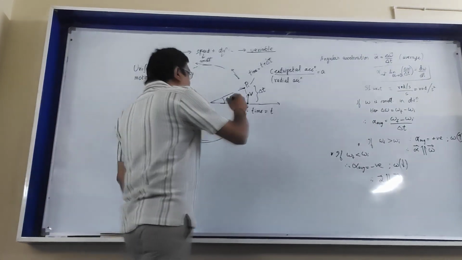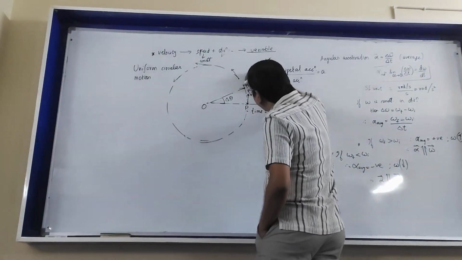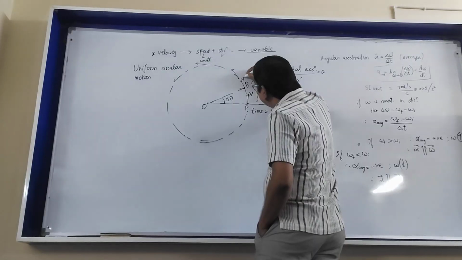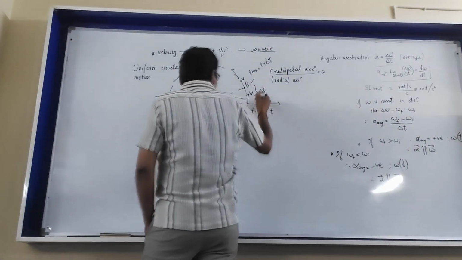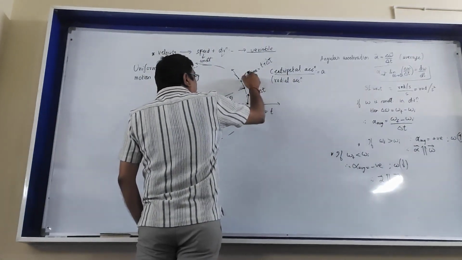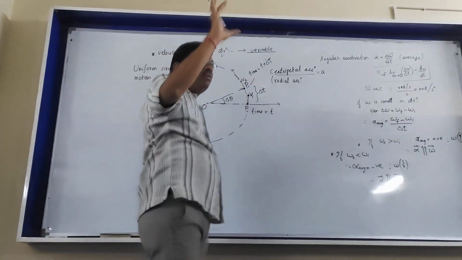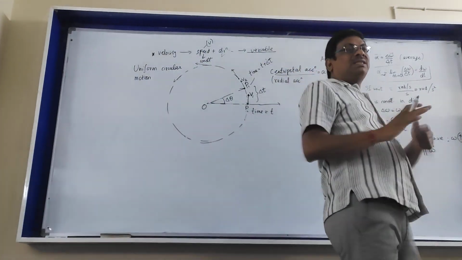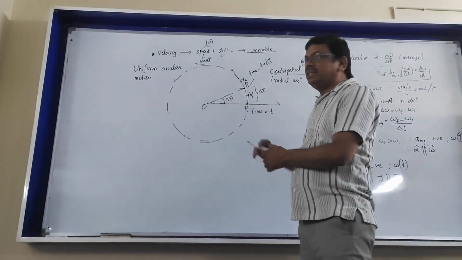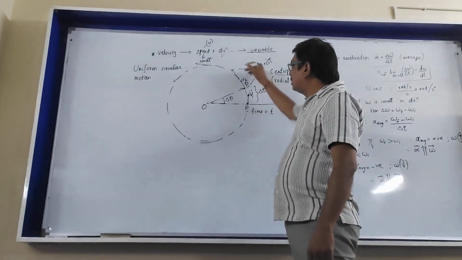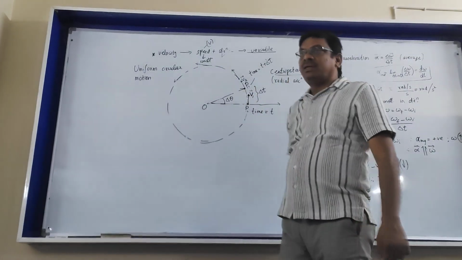Now try to understand. The velocity will be tangential to this, isn't it? So initial velocity I take v1, final velocity I take v2, and speed I am taking v, that is the magnitude of velocity. But since velocity as a vector is changing, I have to use different notation.